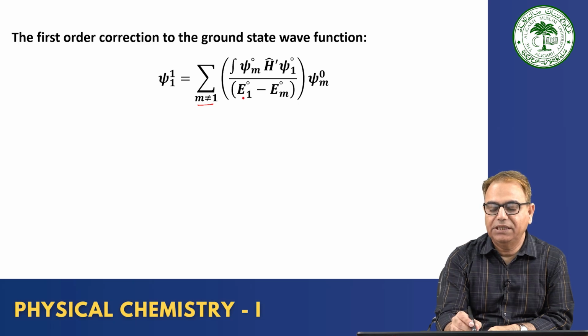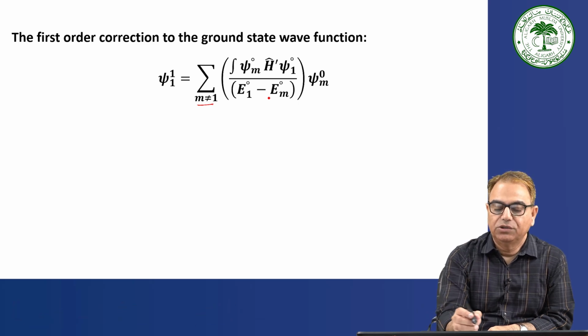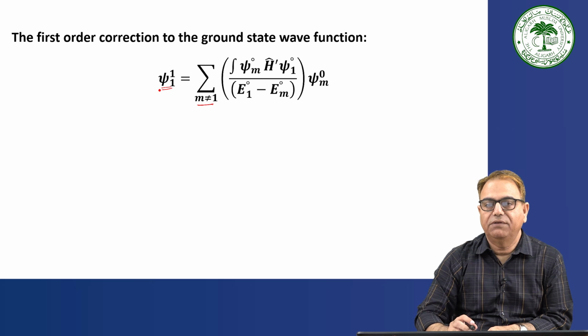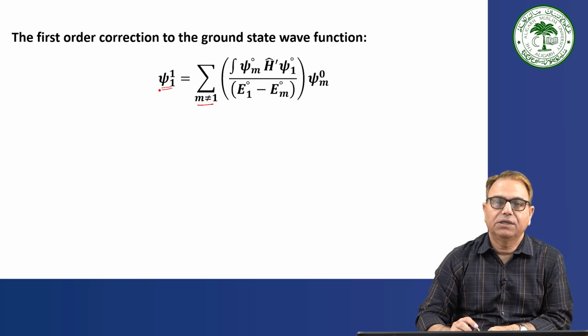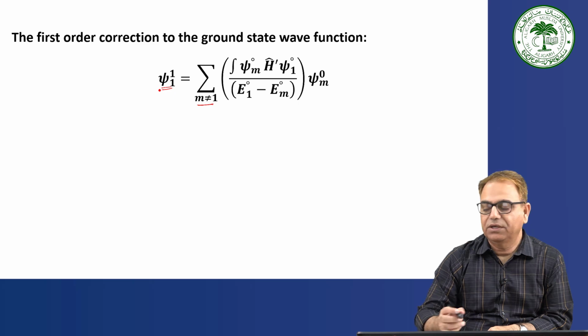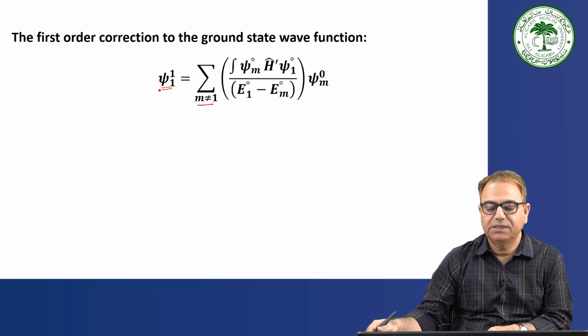But m could be 2, 3, 4, 5 and so on. So this summation is a long term where you will have to write different terms, and calculate each term to find psi 1 1, that is the first order correction to the wave function for this perturbed system.